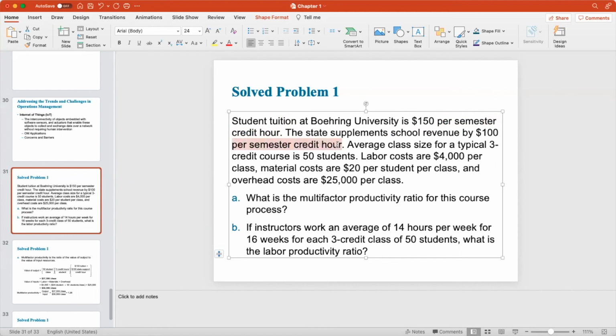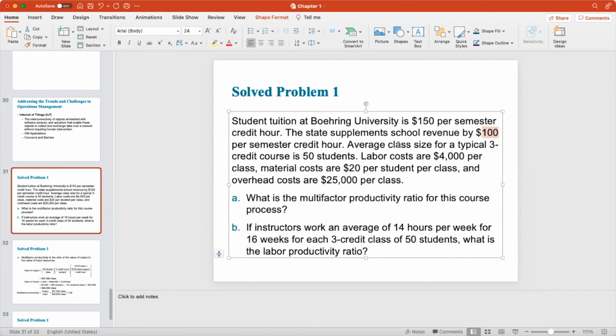But the correct unit that we want within this specific context is per class. How to get that value? Very simple. This is 150 for student tuition, and this is $100 for state supplement, so in total it would be $250 per semester credit hour.